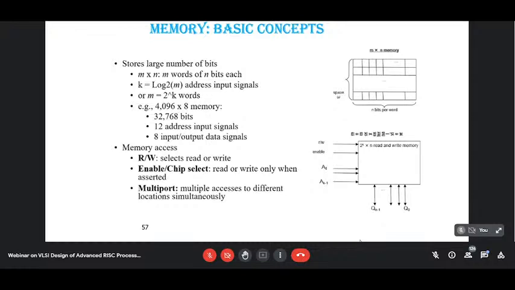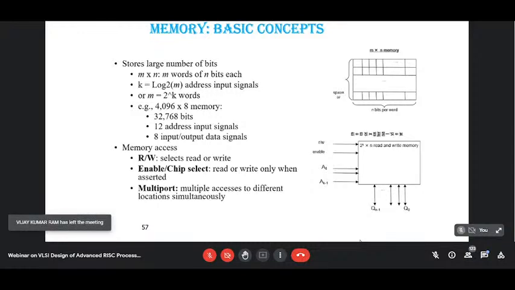When read bar is low and write bar is high, it's a read operation. When write bar is low and read bar is high, it's a write operation. When read bar and write bar are both high, that means neither read nor write. And definitely read bar and write bar cannot be low at the same time, because read and write cannot be done simultaneously for this kind of memory.